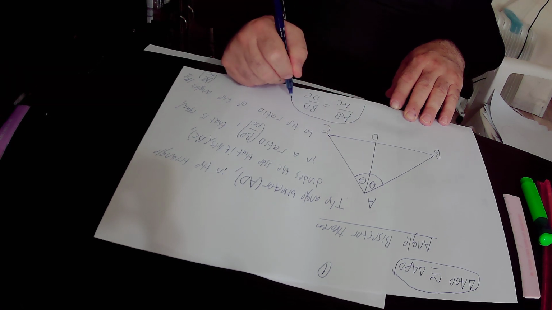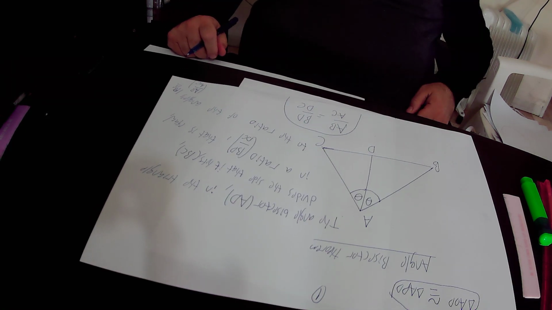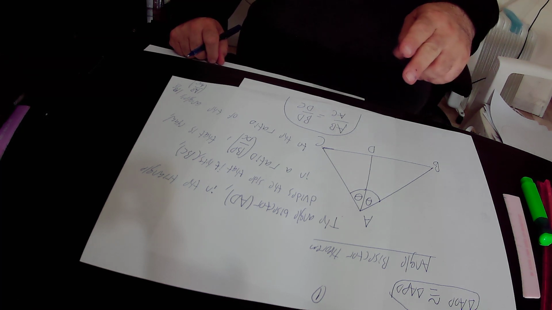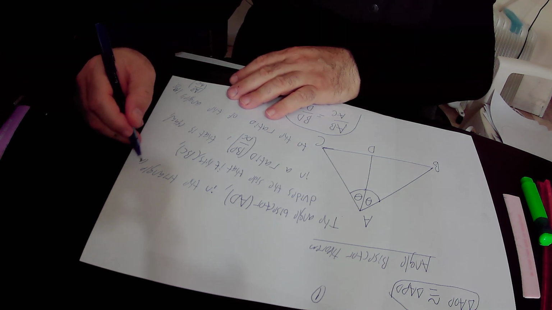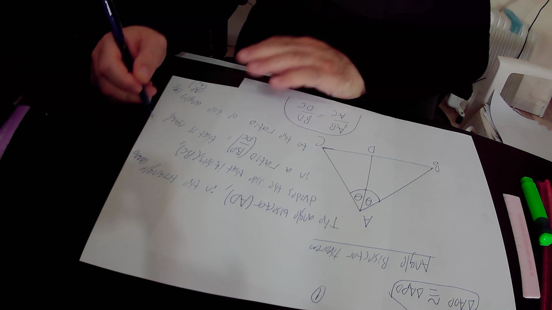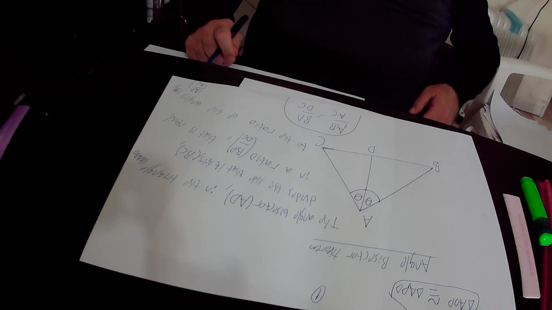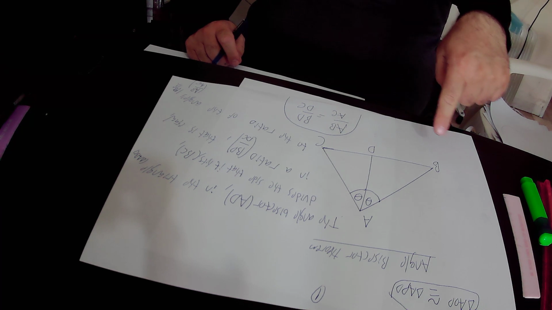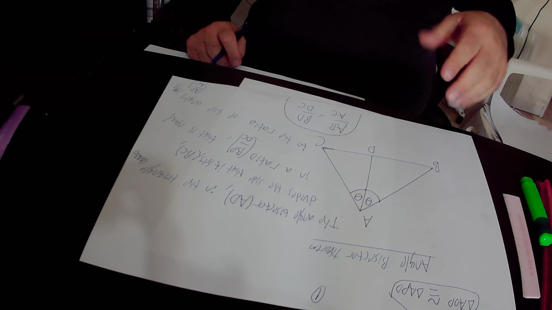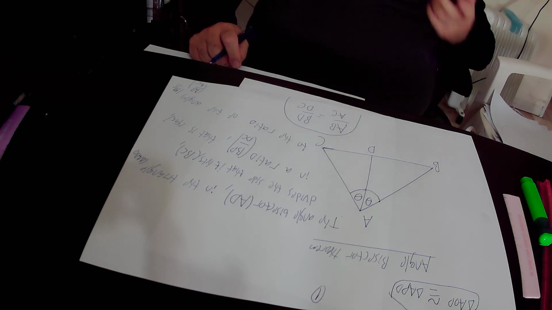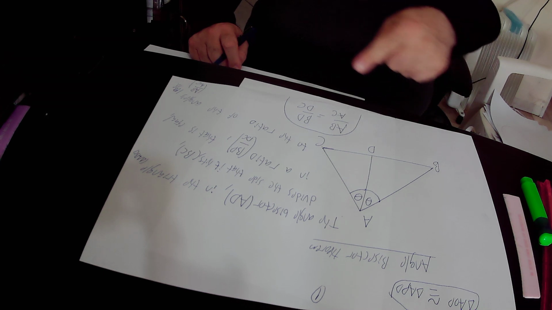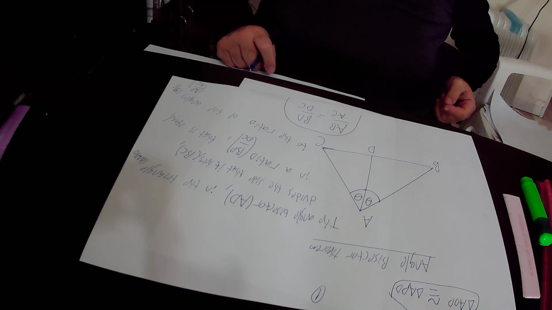Okay? I'll repeat again: the angle bisector AD in this triangle ABC divides the side that it is drawn to, side BC, into two parts. The first part is BD, the second part is DC, and the ratio between those two parts is BD over DC, and that ratio is equal to the ratio of the angle's legs.